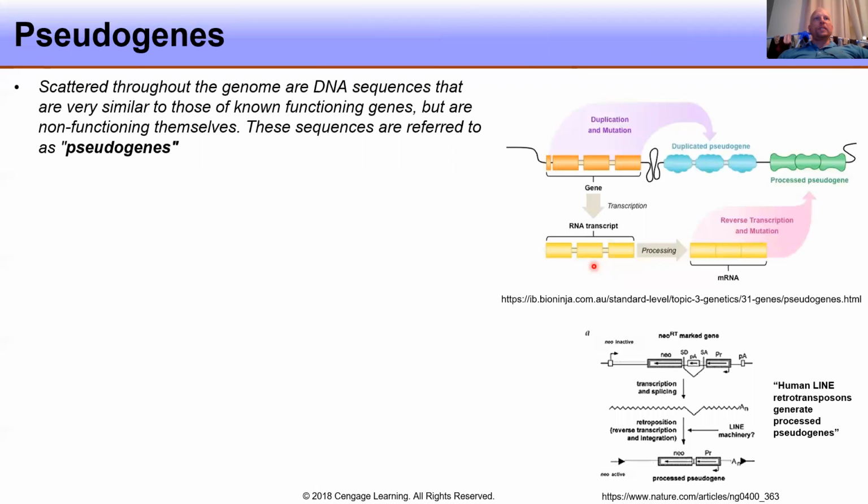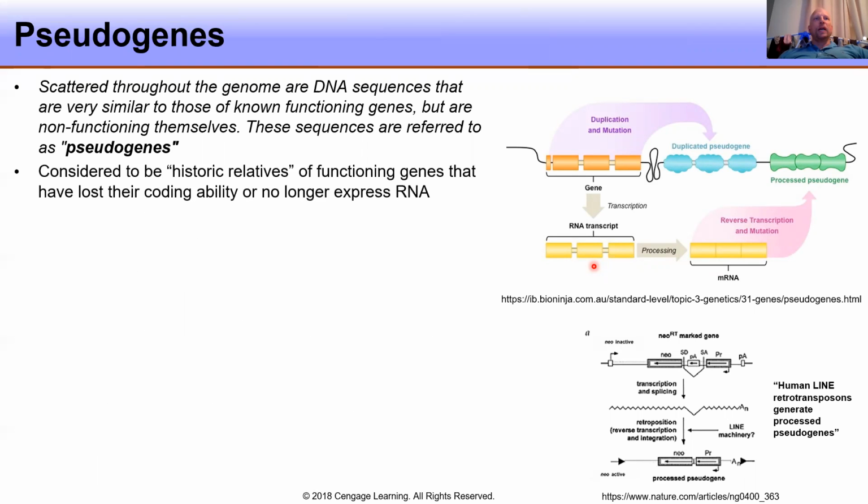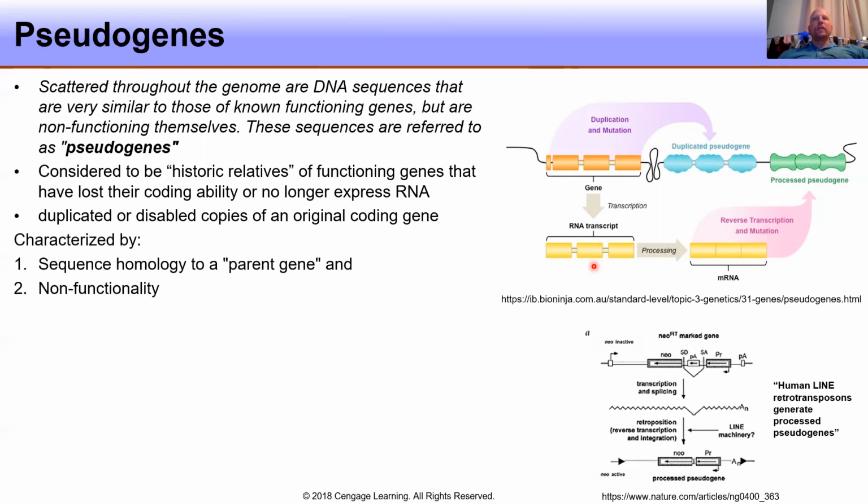So, pseudogenes. They have sequences that are very similar to known functioning genes, but they are non-functional. We consider them to be historic relatives of functioning genes that can't express RNA anymore. They're usually duplicate or disabled copies of that original coding gene, so they usually have strong homology to the gene that they originated from, and by definition they are non-functional, at least in the way that they were originally intended, as they don't encode a protein anymore.